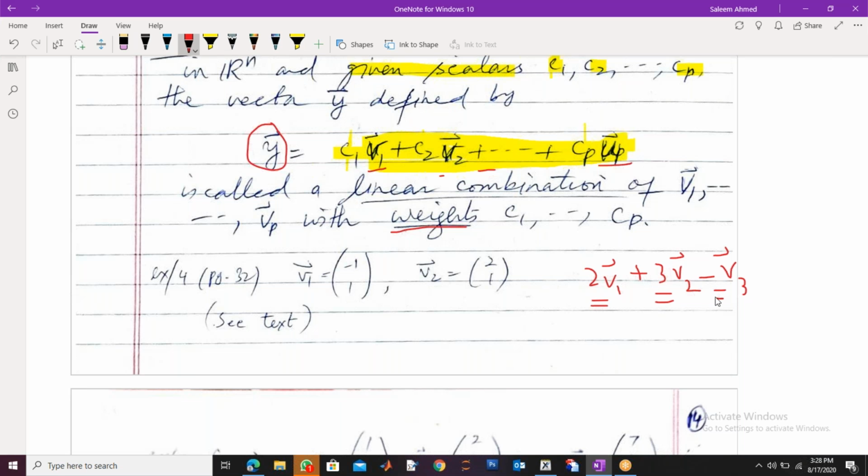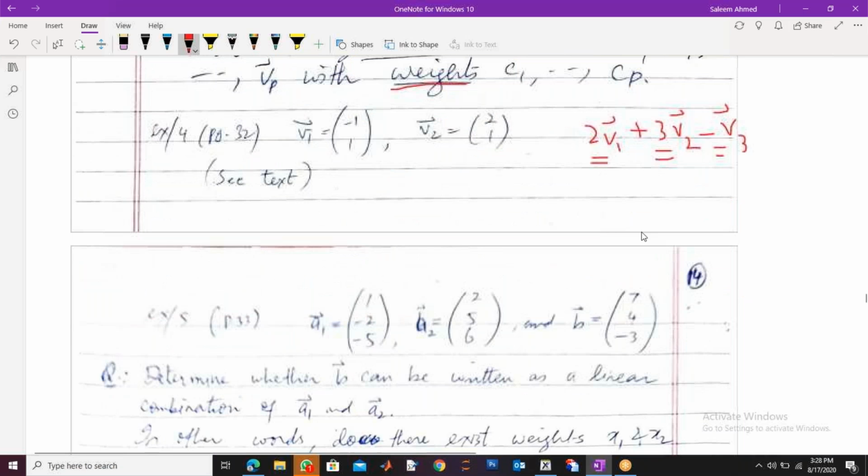That will be a new linear combination. For example, v1 plus v2 plus v3. Now all weights are 1. 1v1 plus 1v2 plus 1v3. c1, c2, c3 are 1. This is another linear combination of v1, v2, v3. So you can make linear combinations of any vectors. That's not an issue, right?